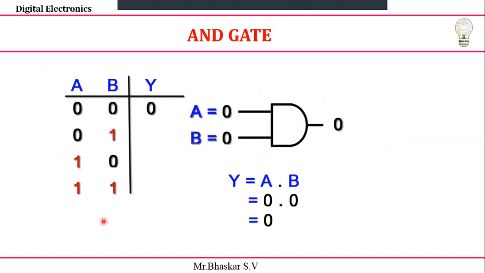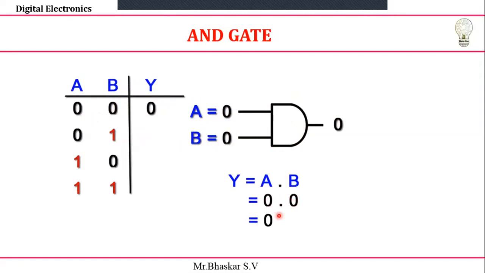Okay. Next, how to write my truth table for an AND gate. For explanation, I'm going to take the 2 input AND gate. Here A and B are my inputs and Y is my output. The first case, I take A value equal to 0 and B value equal to 0. If both values are 0, 0, I'll get the value 0 only for my AND gate, just like multiplication or dot product.